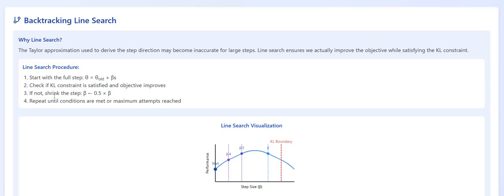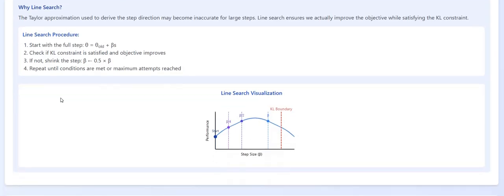The approximation we used earlier might not hold up for large steps. So what we do is we start with the full step and then we test it. If the new policy after applying that step satisfies the KL constraint and actually improves the objective, then we are good. We go ahead with the update. But if not, we scale back.